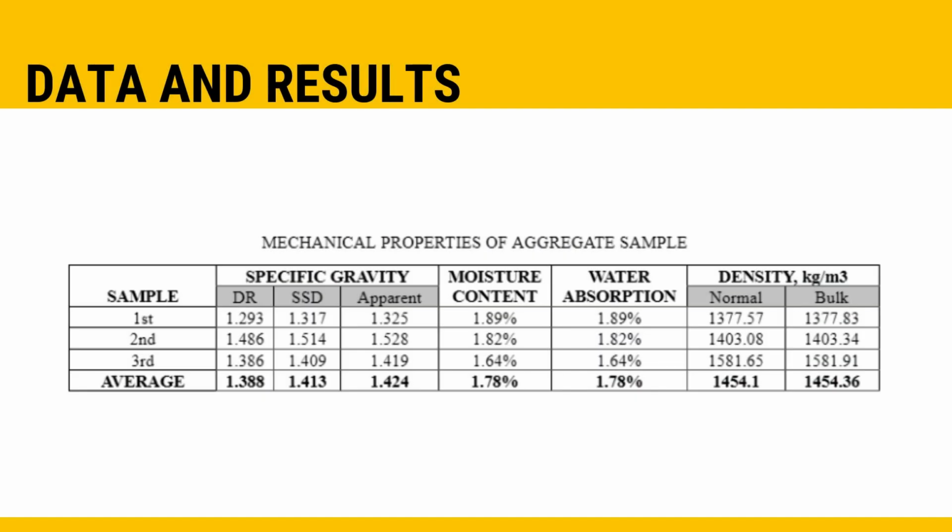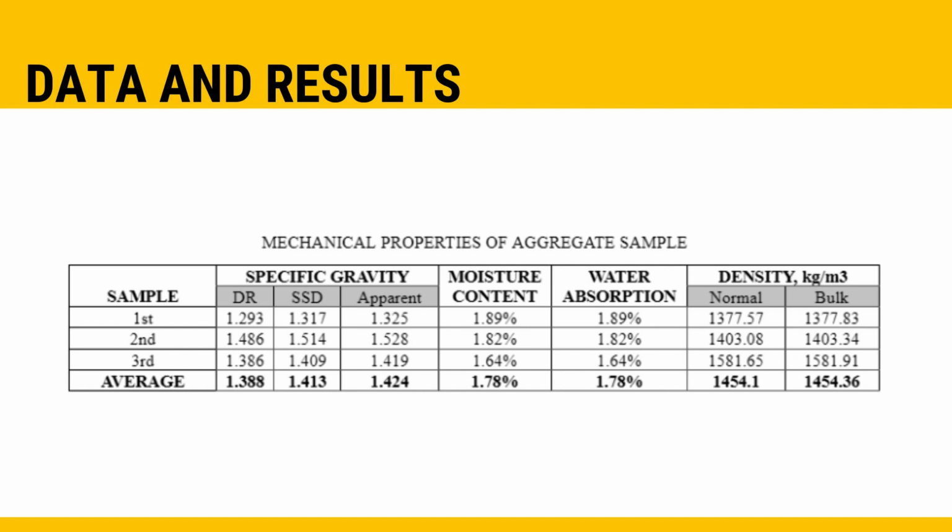And as a result from using the formulas for the mechanical properties of the aggregate sample, a dry relative specific gravity of 1.388 kg, then the coarse aggregate sample shows that it is relatively porous and could have a high water absorption capacity. And the saturated surface dry specific gravity, which takes into account the water that was absorbed by the sample, is 1.413 kg.